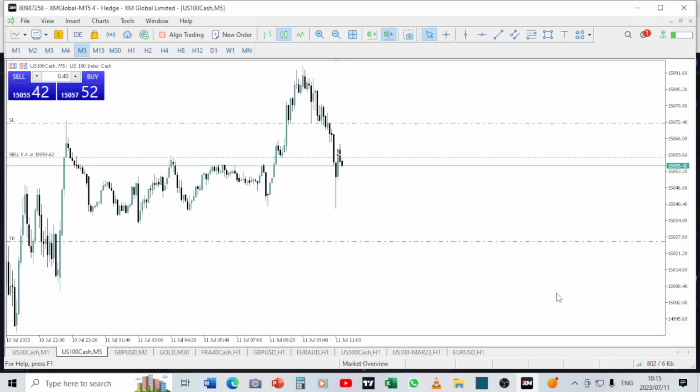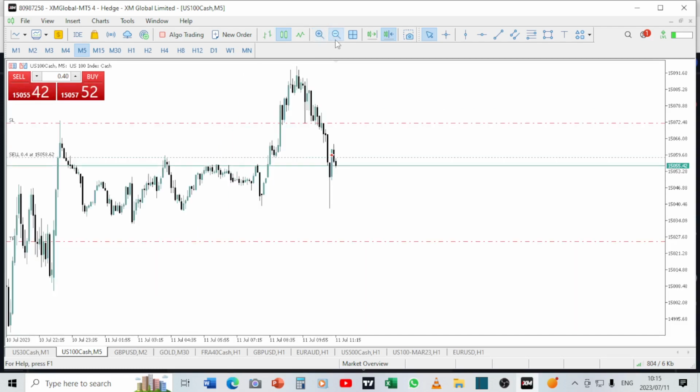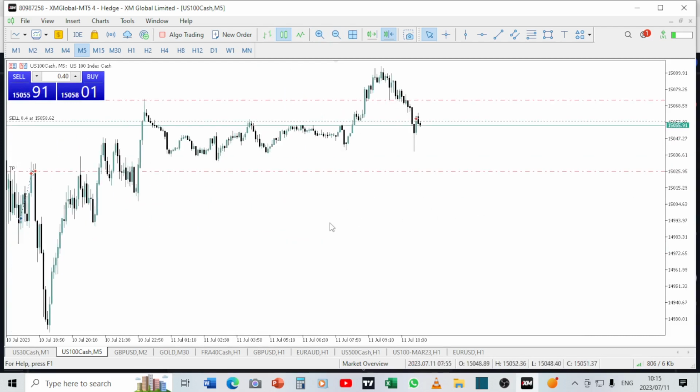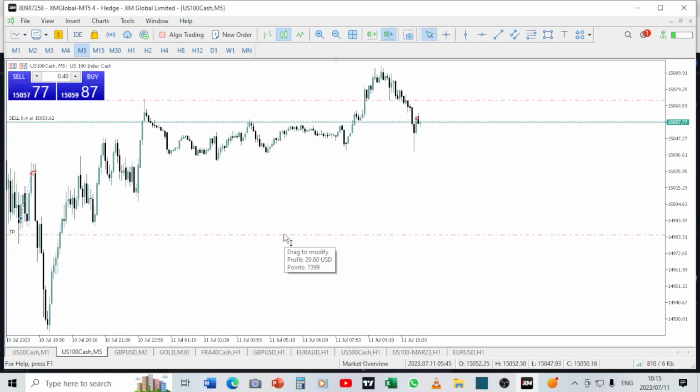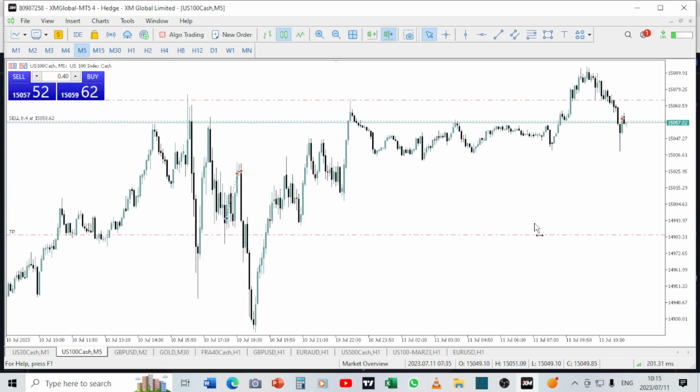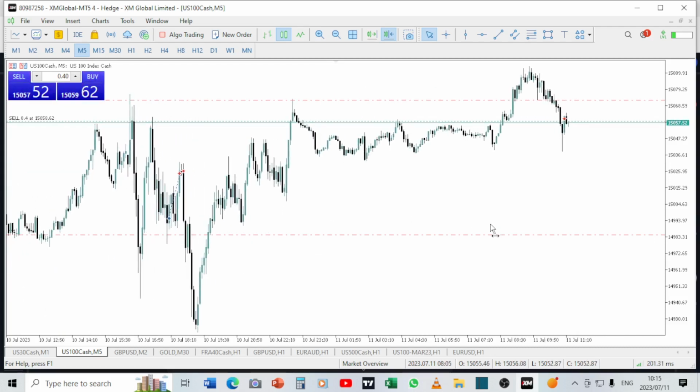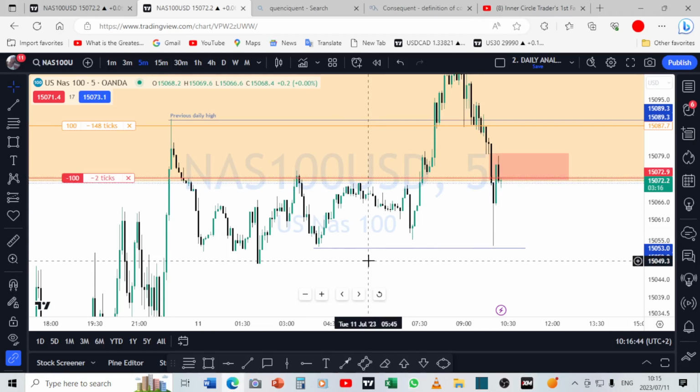Let me just remove that. I'm watching as price is approaching here, because according to this as well can be fine. And then price can rush for this. 5 minutes, let me look at that.